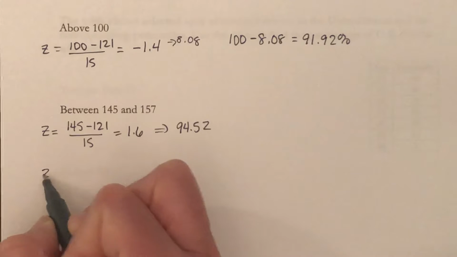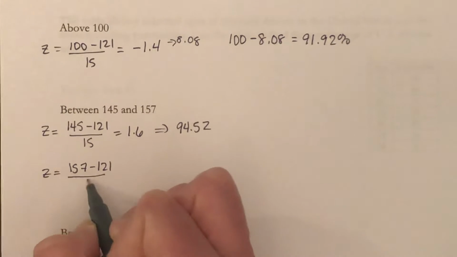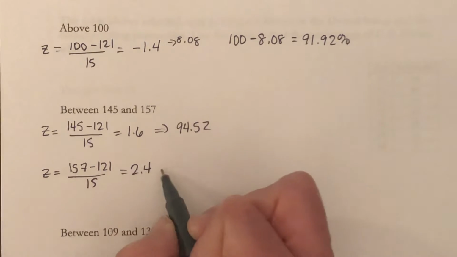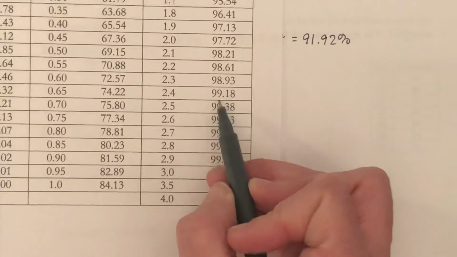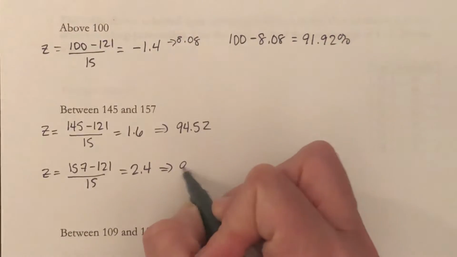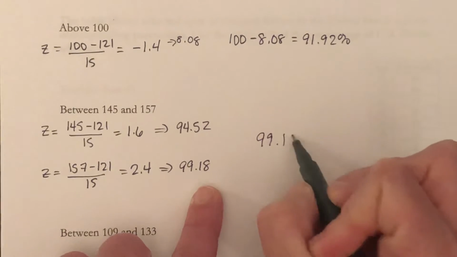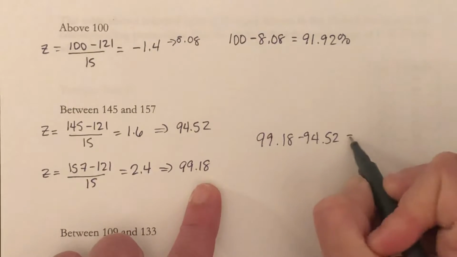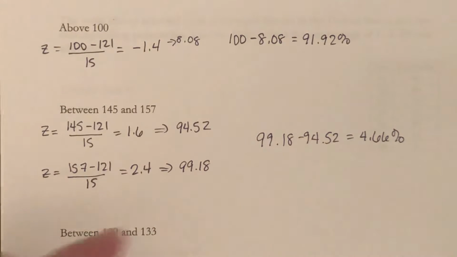All right, now for 157, minus 121 divided by 15, that gives me 2.4. And 2.4 corresponds with 99.18. So I need to subtract 99.18 minus 94.52, and we get 4.66% as your answer.